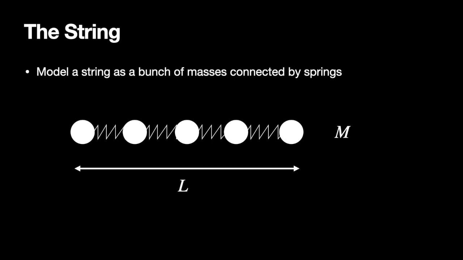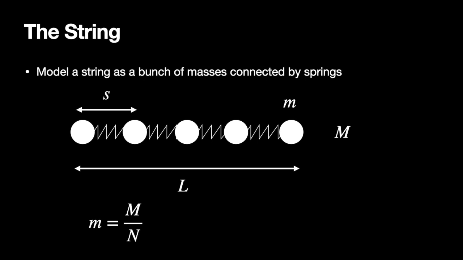Now, the first thing to look at is, if the total mass of the string is capital M, then the mass of each one I can call lowercase m, and that's just the total mass, capital M, divided by n, where n is the number of parts of my string, and I can change that. In this case, n would be 5. Now, what about the length of each spring?